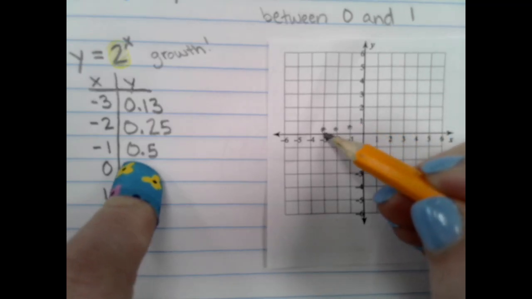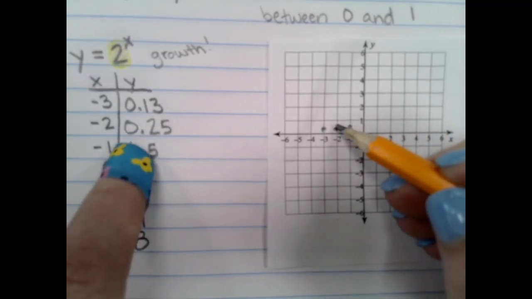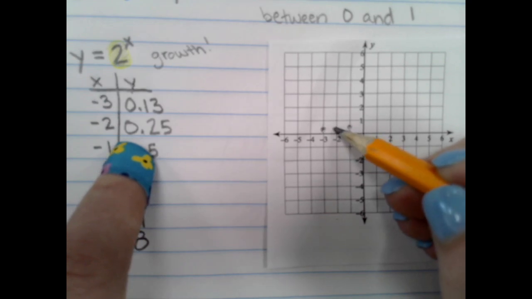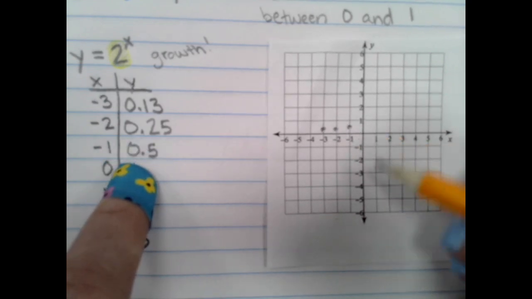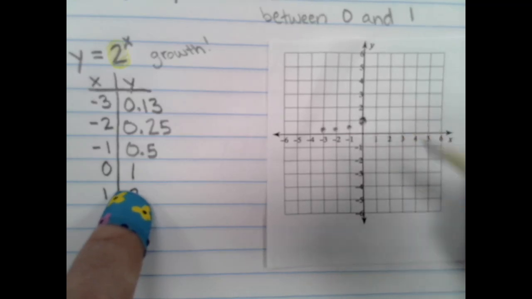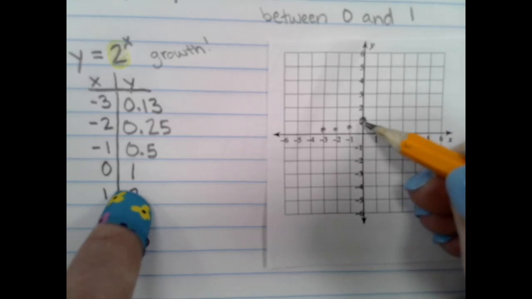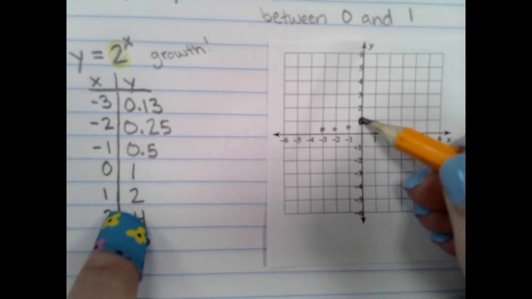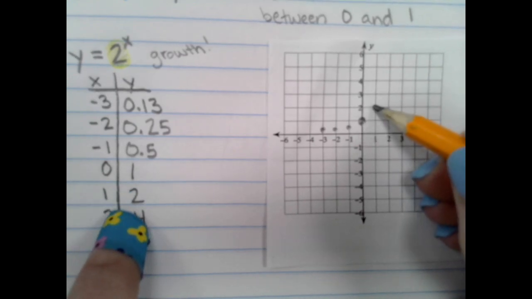So it starts off low, negative 3, 0.13, negative 2, about a quarter of the way, then halfway. Now we're at 0, 1. Then we have 1, 2, so right 1, up 2.